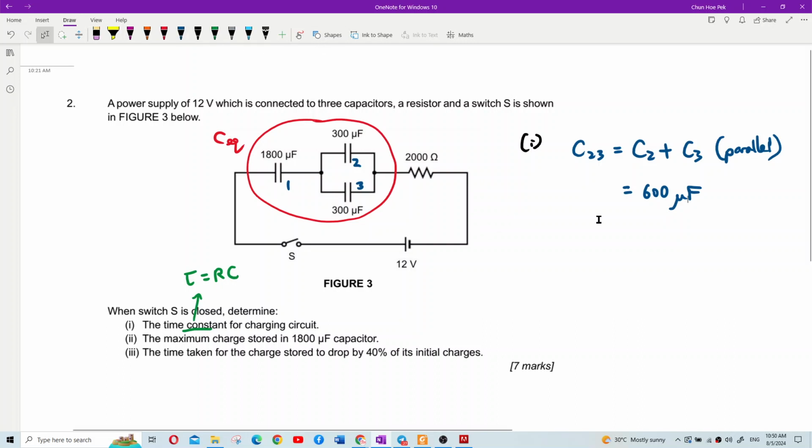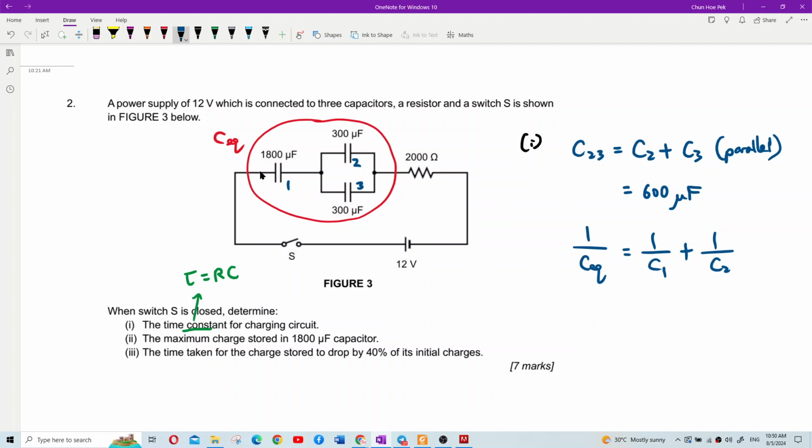Then this C23 is in series again, in series with C1. So I can find the C equivalent already, but this time it is series. Series is 1 over C. 1 over C1 and 1 over C23.